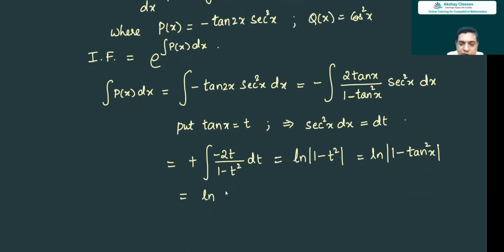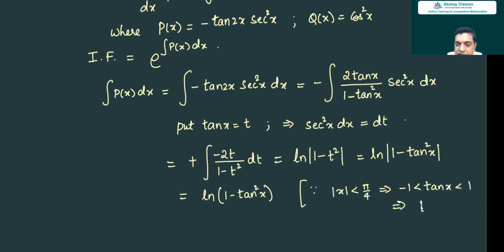So this will only be log of 1 minus tan square x, since mod x is less than pi by 4, which implies tan x lies between minus 1 and 1, which further implies that tan square x lies between 0 and 1. It can take the value 0. So because of this, we can remove the modulus sign.